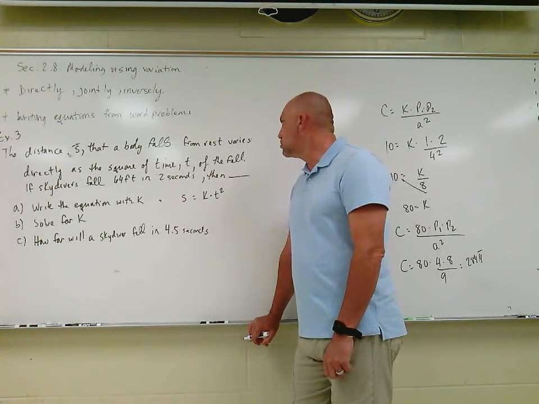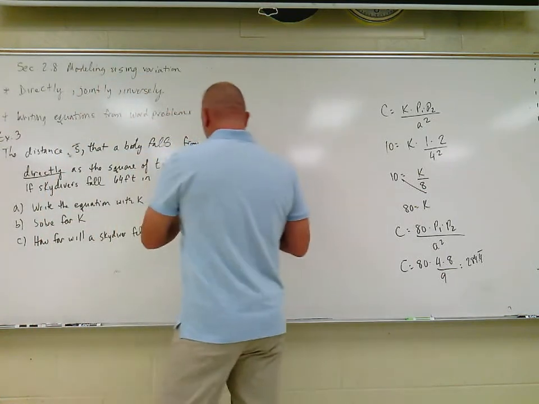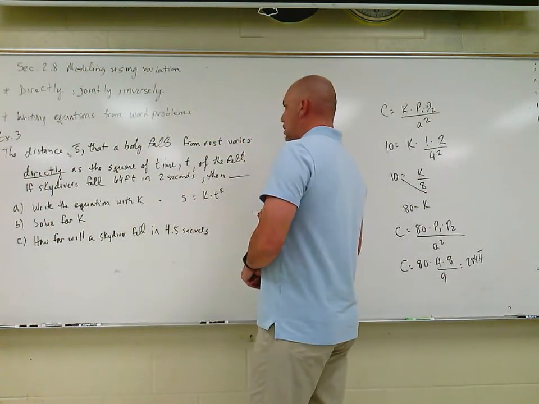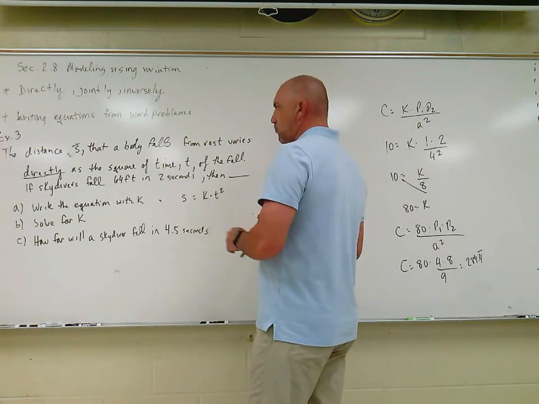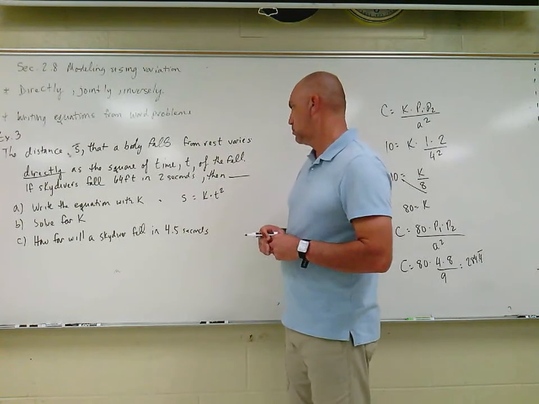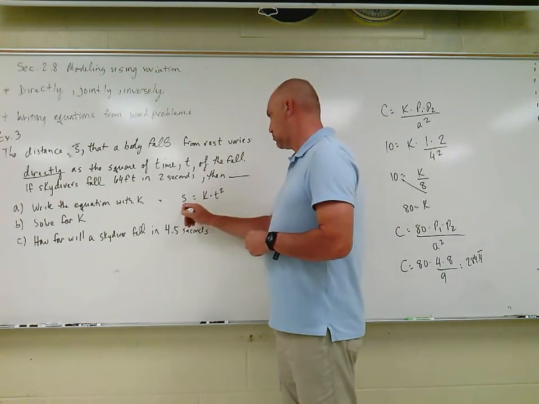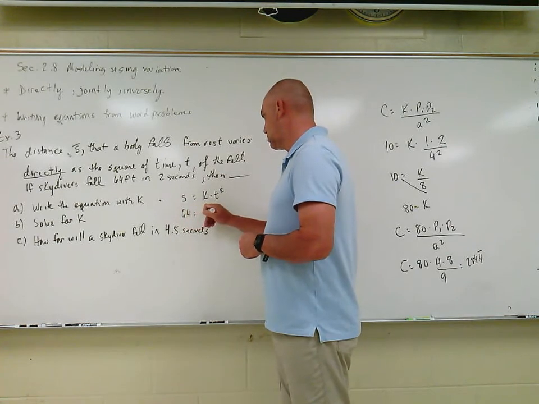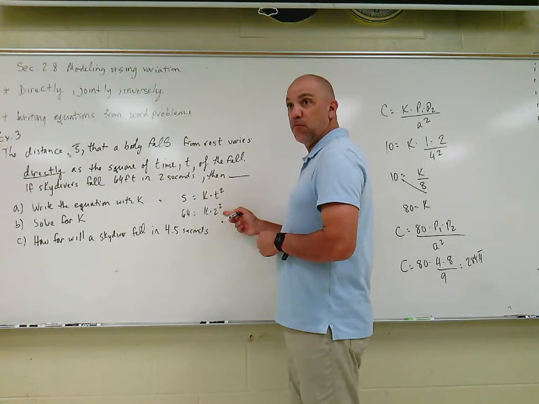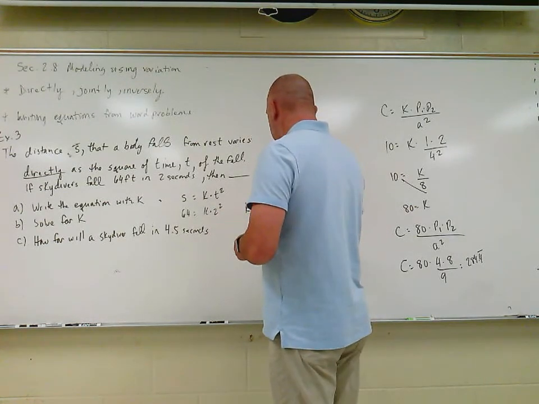But it was the word directly, then I know there's no fraction, it's just K times. All right. Then what do I do? Now I'm gonna solve for K, so what goes where? 64. And so that ends up being a 4, so what'd you get for K? 16. K is equal to 16, very good.